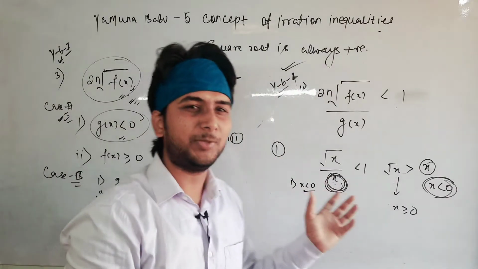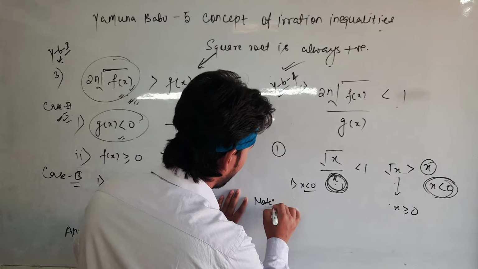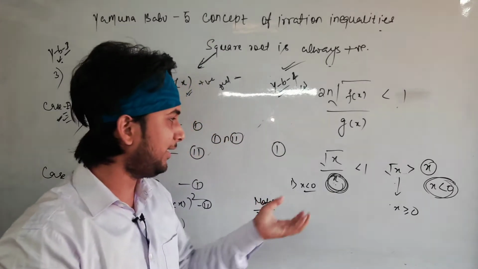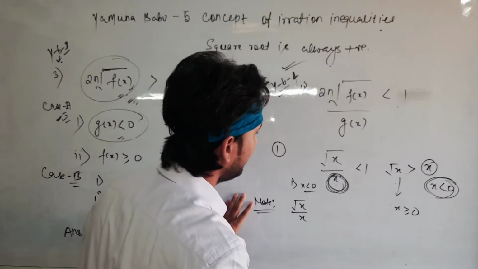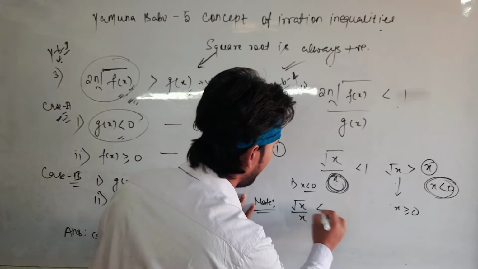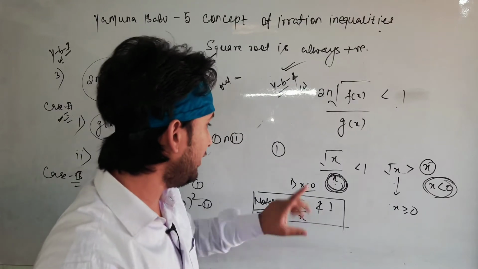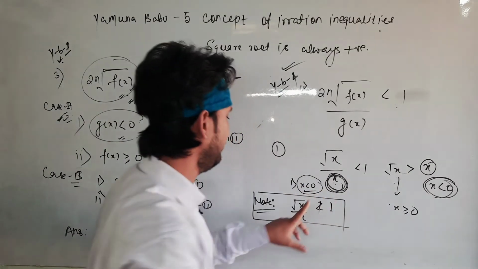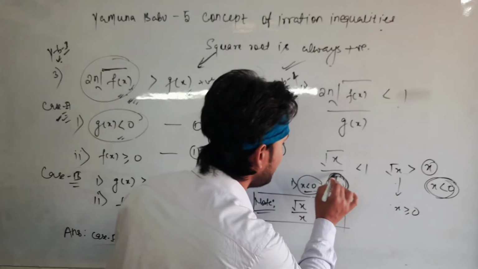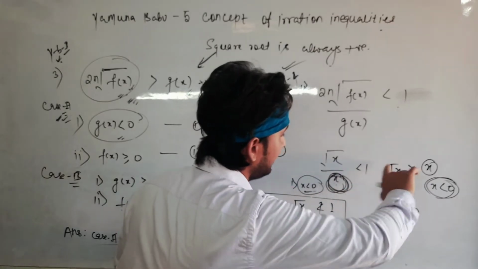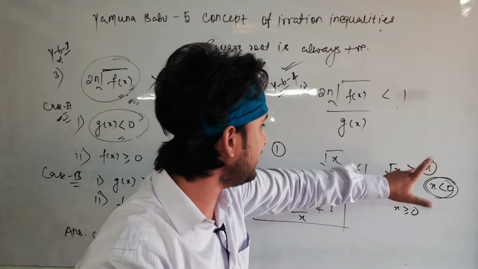This is a very typical concept, you can note it here. By taking the example it has come out obviously that root x by x can't be less than 1. Why? Because you have taken x less than 0, so this is a negative expression, and when you multiply the inequality by it, the inequality changes.